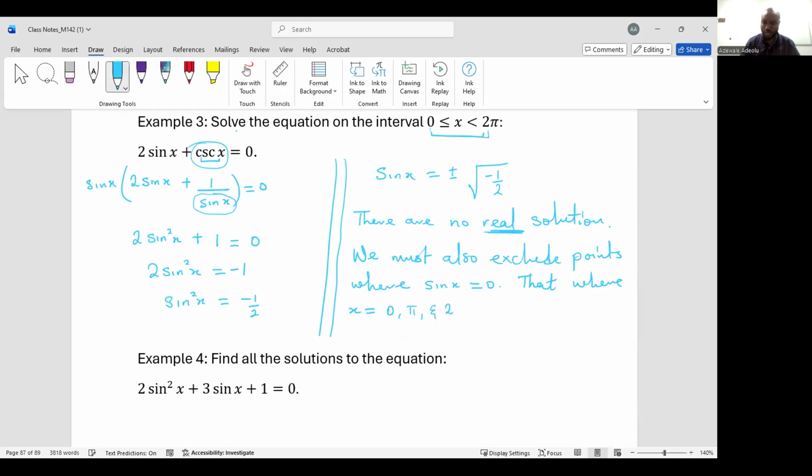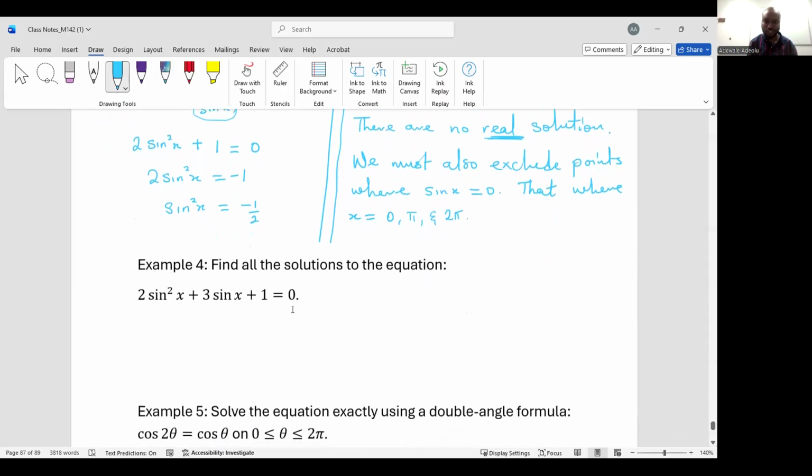But for this itself, we do not have real solution there. So we just leave it at this. But if for some reasons we are able to find a way to do something to that, we also know that we still need to exclude where sine of x is 0. That's some fun example.